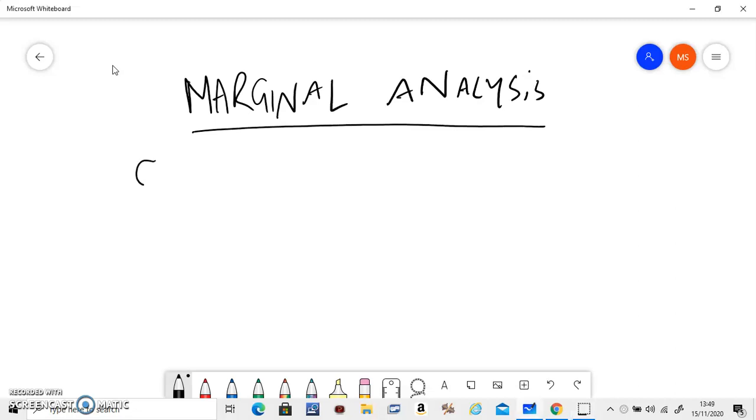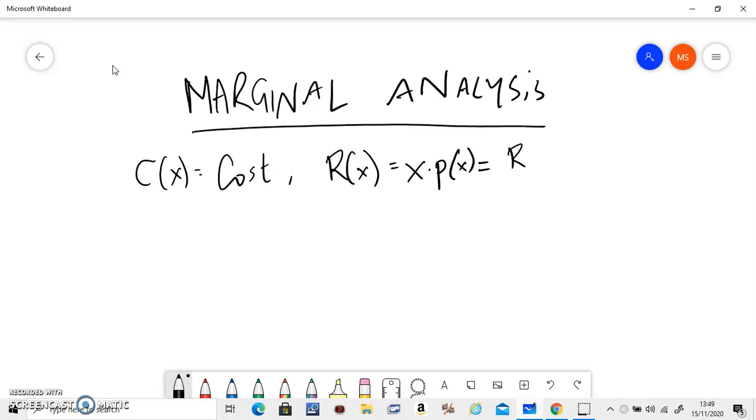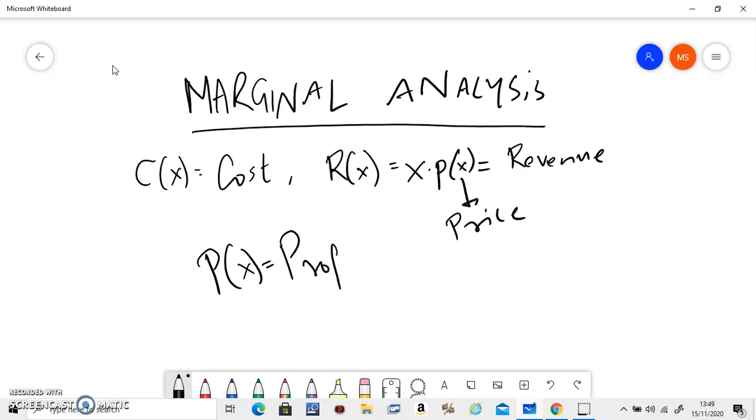Just to recall, C of x was the cost function, R of x, which is x times small p of x, was the revenue function, where the small p of x was the price function, not the profit but price function, and capital P of x will be the profit function, which will be the revenue function minus the cost function.